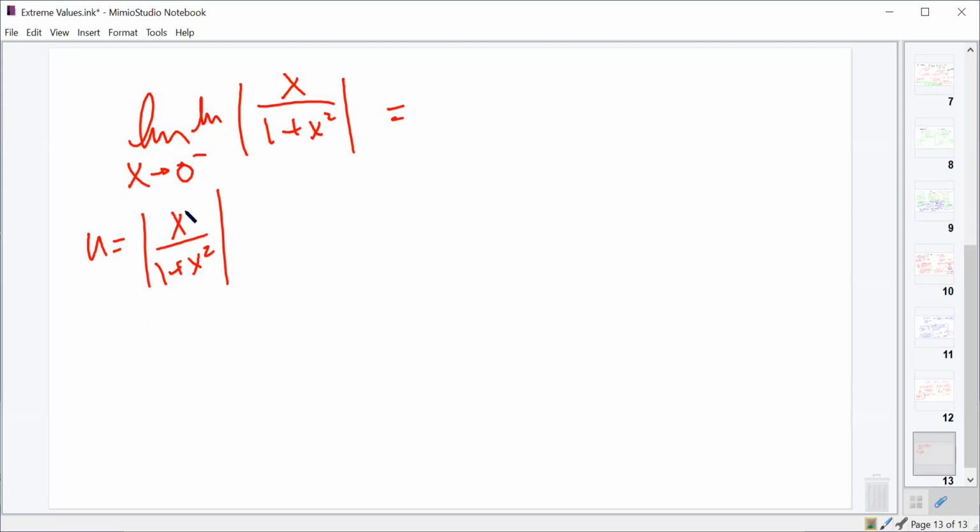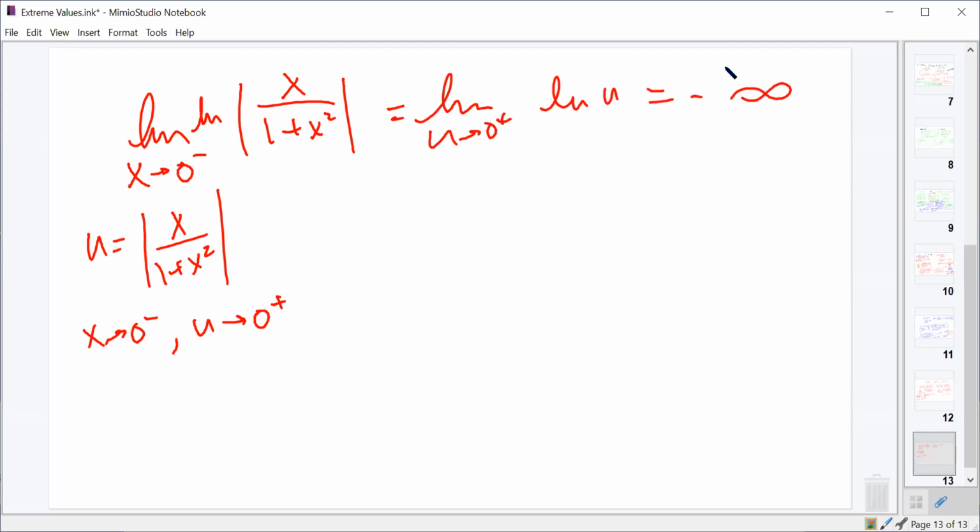And as x goes towards 0, this is going to be approaching 0 from the right, because it's inside the absolute value. And so what is that going to become? It's going to become the limit as u approaches 0 from the right, again, of the natural log of u, which is negative infinity. So it's going to be falling again.